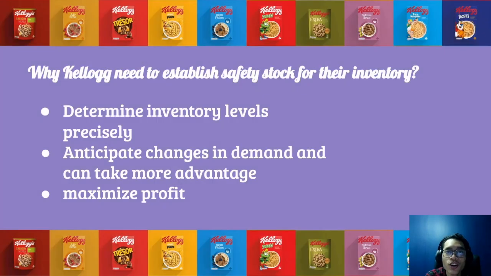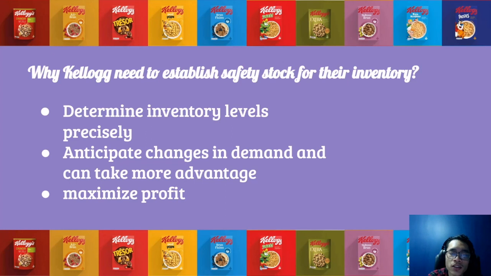Okay, now we continue to the next topic about why Kellogg needs to establish safety stock for their inventory. From our group, we chose three reasons. The first one is to determine inventory levels precisely. Safety stock is needed to determine the exact amount of inventory.